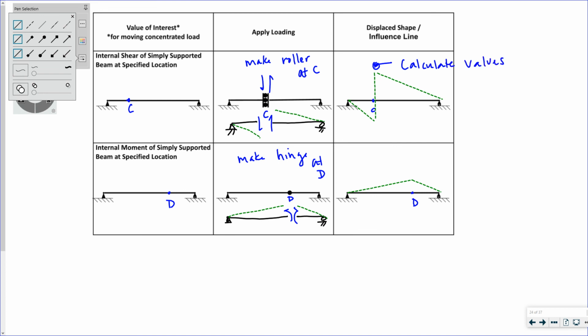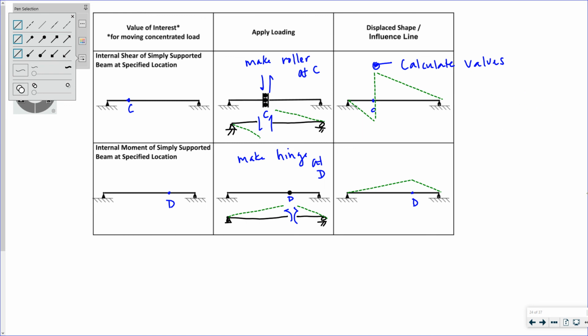And you can use the way that we talked about earlier, just breaking right there and the reaction there, right? That's how you calculate the values.